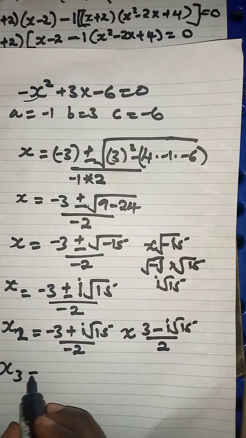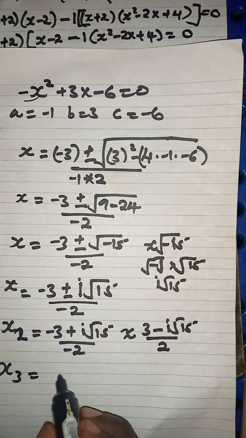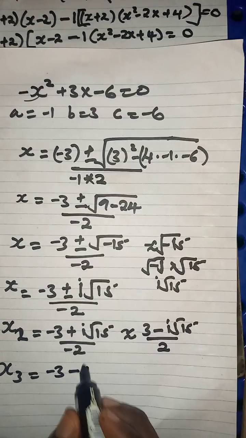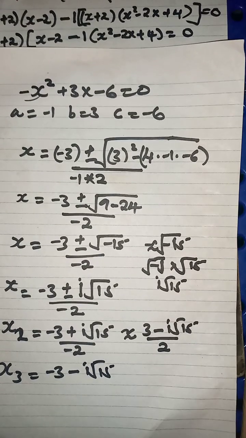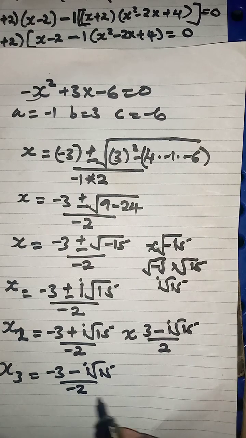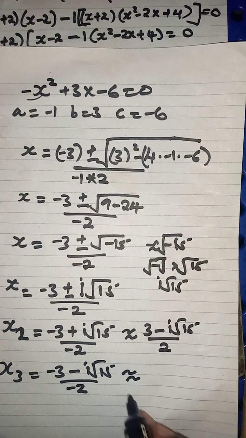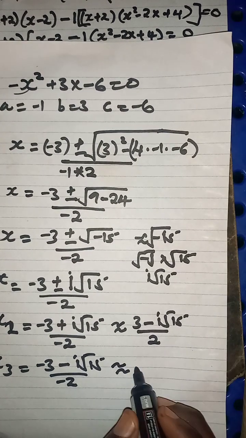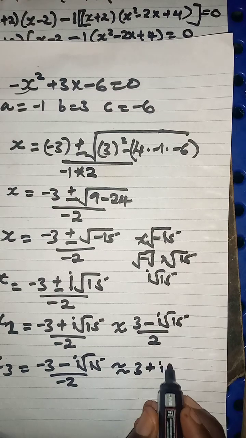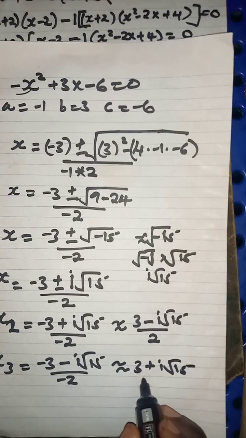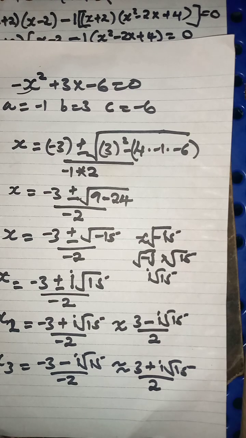For the third value of x, I'm going to use the negative here so that I have negative 3 minus i root 15 over negative 2. This can also be simplified further as 3 plus i root 15 over 2.